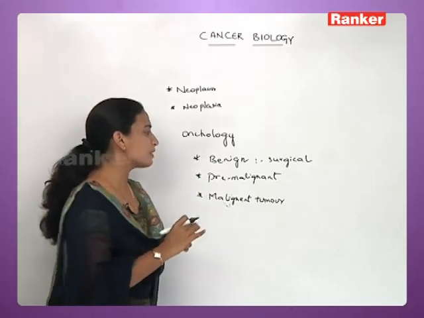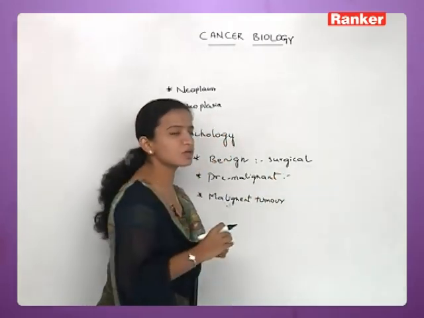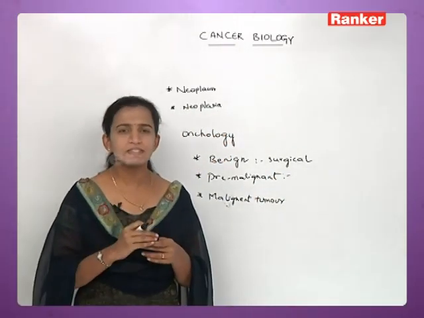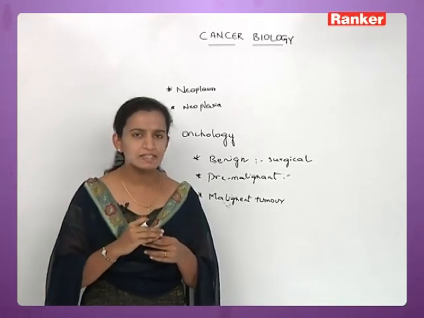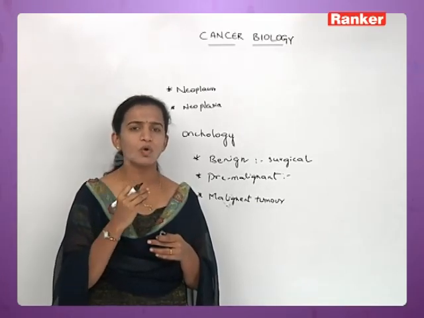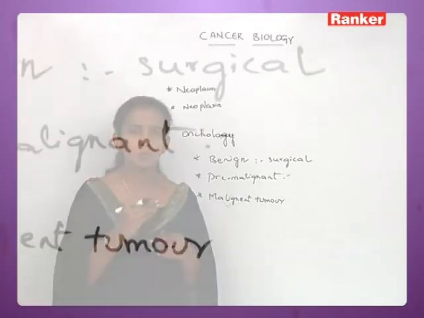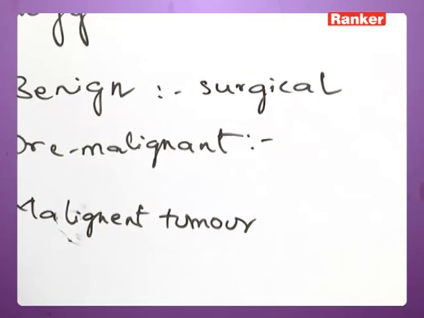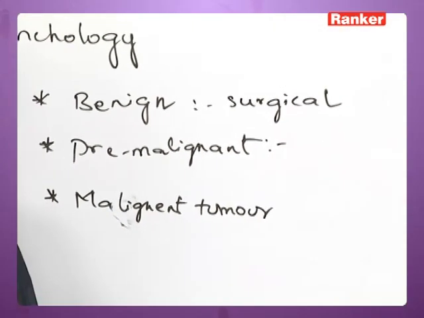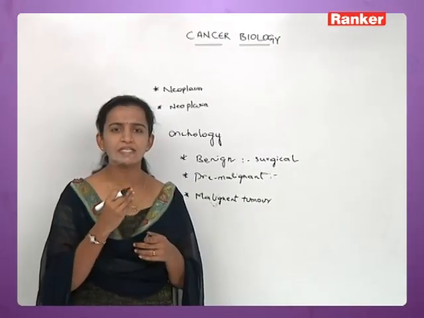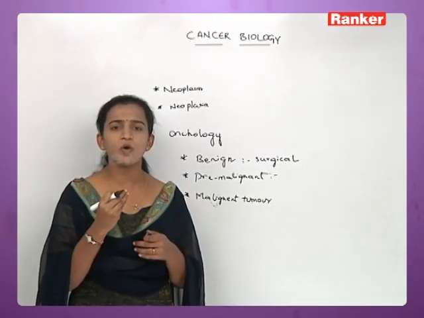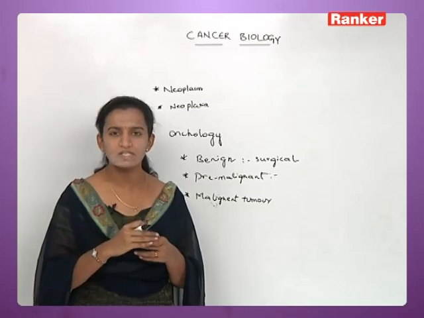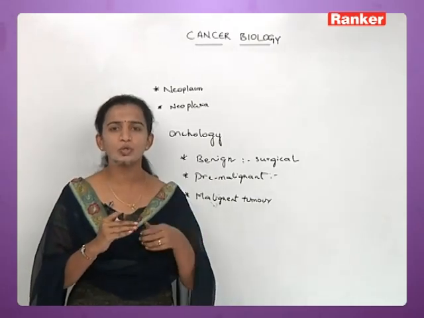Now the pre-malignant tumor has a tendency that it is actually a cancer cell, but it doesn't progress until some age. That means there is a cancer cell present in your body, but it doesn't come to expression until it enters a certain stage, when it is going to show you its characters.